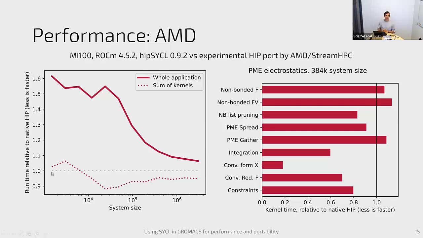And if we don't have big kernels, if we have few atoms and the kernels execute very fast, our performance is determined not even by GPU performance, but by how fast we can supply work to the GPU. And here, since the SYCL runtime is supposed to do much more things than just native HIP, we are getting this overhead.